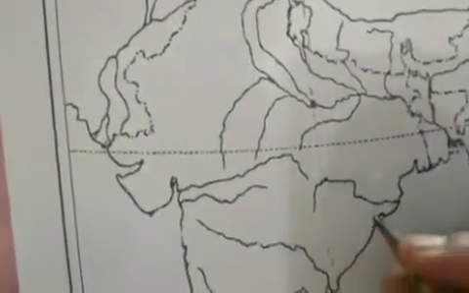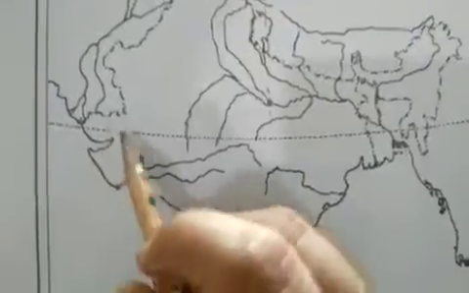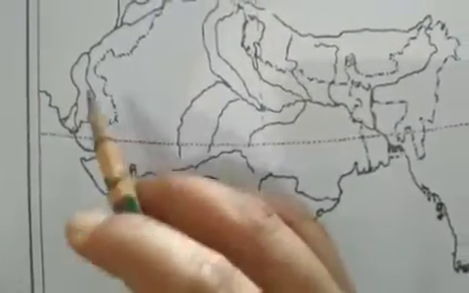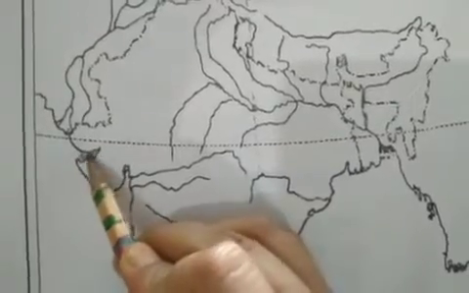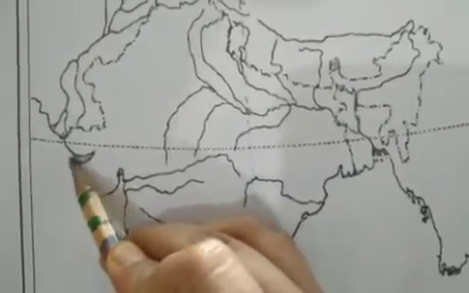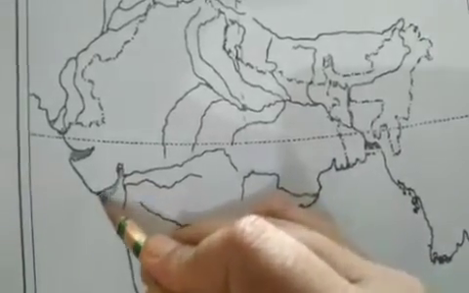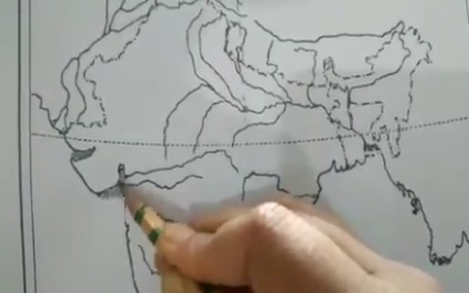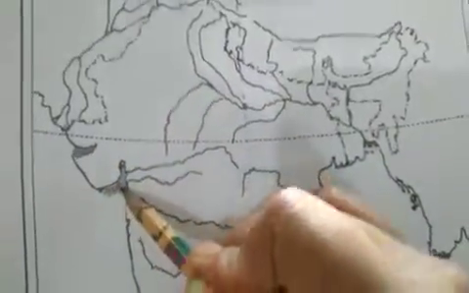Now after this we are going to mark water bodies, which is not done through the paper map. This is your Gulf of Kutch. This small water body is Gulf of Kutch. Then this is Gulf of Khambat. Gulf of Kutch, Gulf of Khambat.